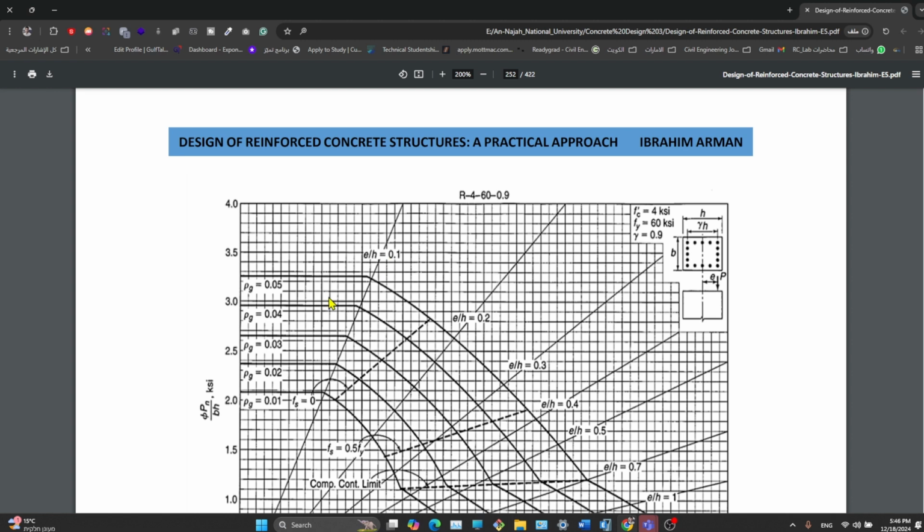Now we have other factors: rho g, in this case 0.01, up to 0.05, and another factor, e over h. e is the eccentricity, and h is given by the side of the section.